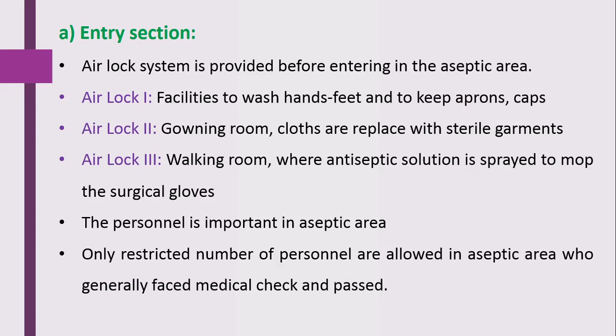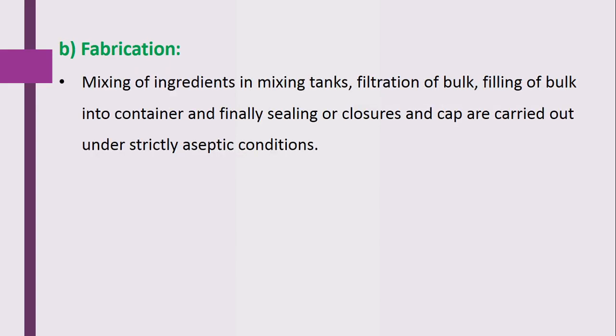Next we will see the fabrication section, where the mixing of ingredients in mixing tanks, filtration of the bulk, filling of the bulk into containers, and finally sealing or closures and caps are carried out under strictly aseptic conditions. The method used here to prevent the access of microorganisms is called the aseptic condition.